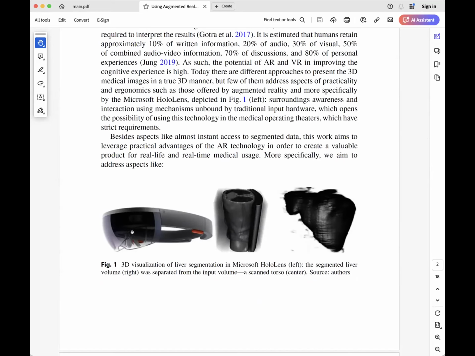So about 6 or 7 years ago, we visualized this in a Microsoft HoloLens, and doctors could see a sort of holocron and walk around it, which is far more intuitive than looking at a screen. If you see it in 3D, you can walk around it.